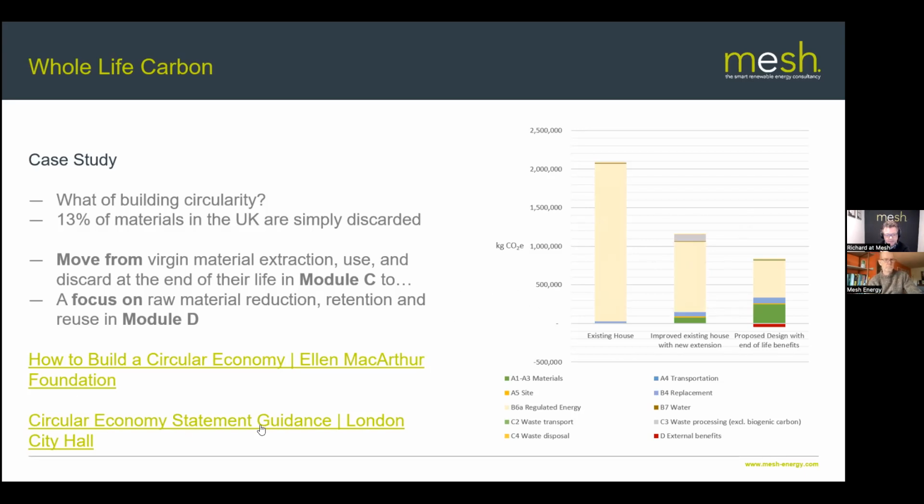But there are a couple of really good guides. The Ellen MacArthur Foundation has a really good resource about building circular economies, and it's also embedded in the London Plan as well. So there's plenty of background reading to do in understanding this in more detail. Can't really go into it today.